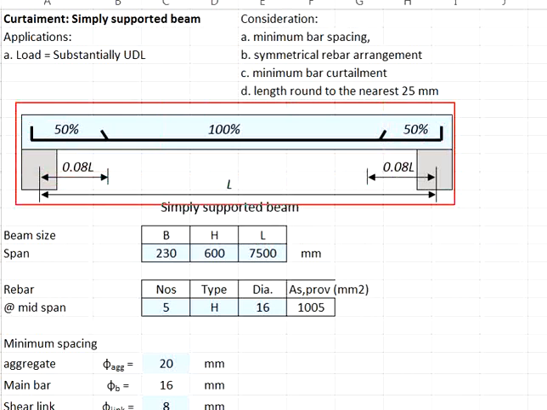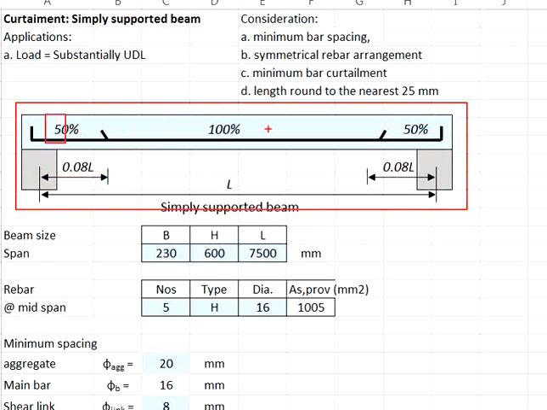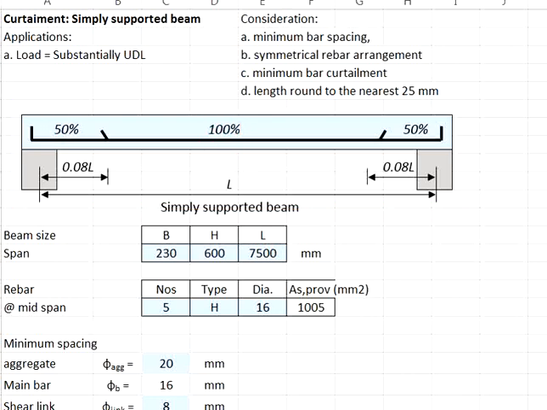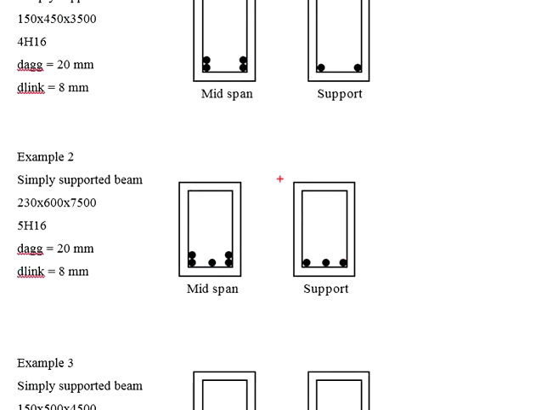Based on the curtailment rules here, you need at least 50% of the reinforcement based on the midspan reinforcement. You have 5 units of H16 rebar. By curtailing some of the rebar here, you make sure the total leftover should not be less than 50%. This leads to an amount of reinforcement bar of 3 at the support, constituting 60% of the amount of reinforcement bar at the midspan.